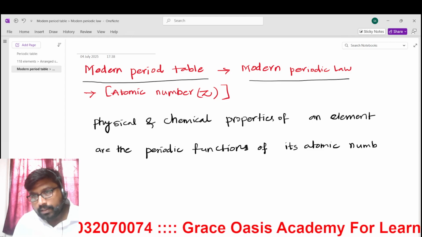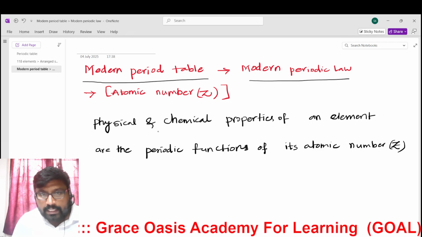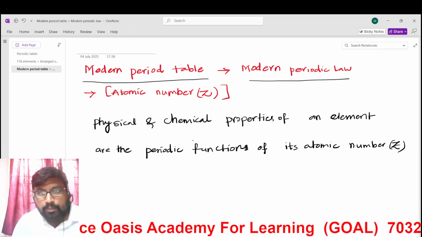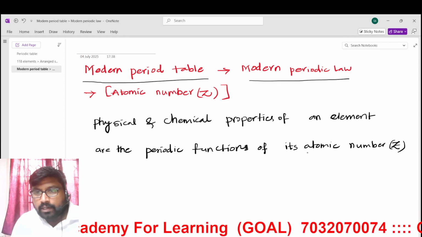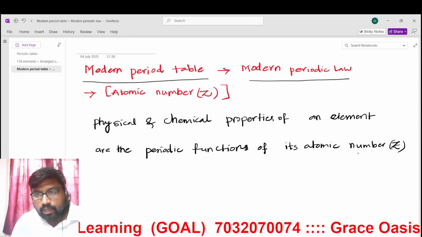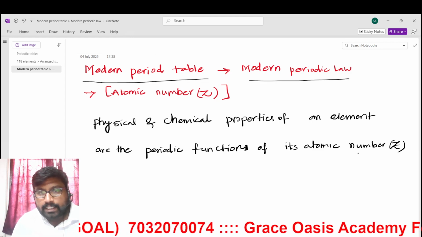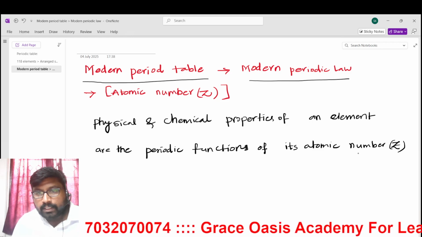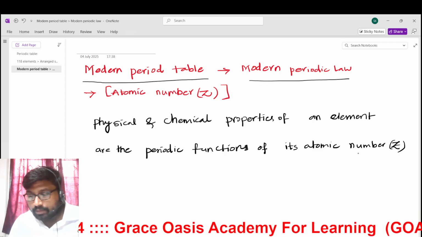Okay, what does it mean? That means the physical and chemical properties of an element, in a periodic function, are dependent on its atomic number. So with the help of atomic number, we are able to understand the physical and chemical properties when arranged in a periodic function. That is what it is saying.